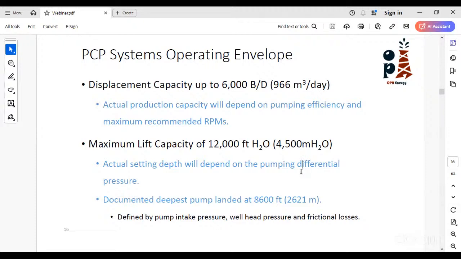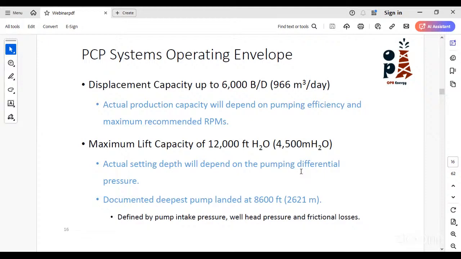This is the best application for the PCP, because with viscous oil, as we all know right now, the viscosity of the fluid increases the efficiency of the pumping system, especially in positive displacement pumps, not like centrifugal pumps. So the best application, again, is below 18 degrees API.